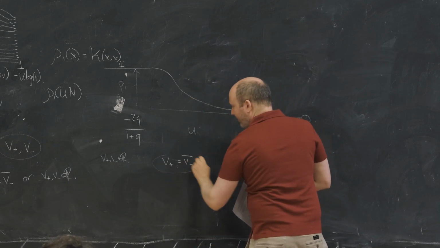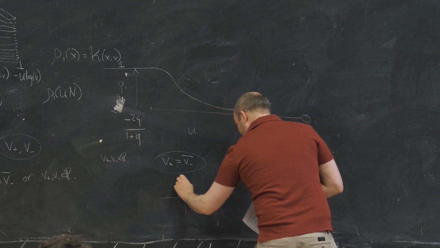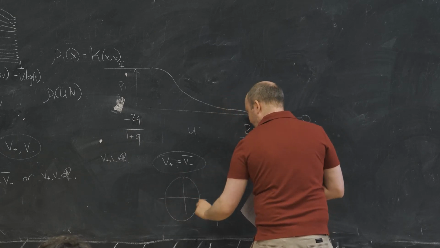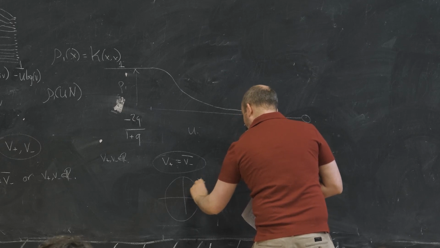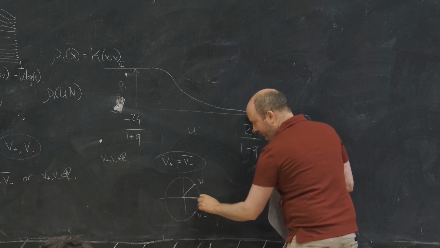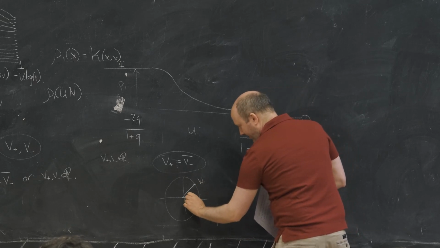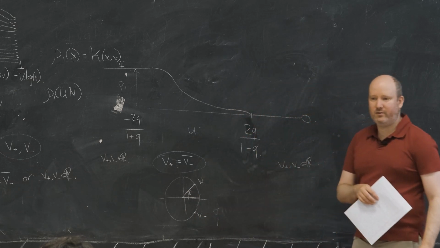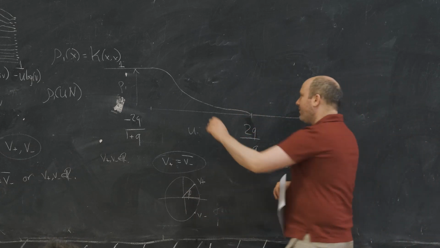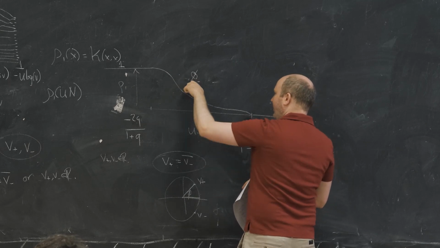In the region where they're complex conjugates, they live on a unit circle. And so I'll call v plus up here and v minus down here. And let me call the angle that's subtended between the x-axis and v plus, I'll call that phi. This curve is then given by phi over pi.